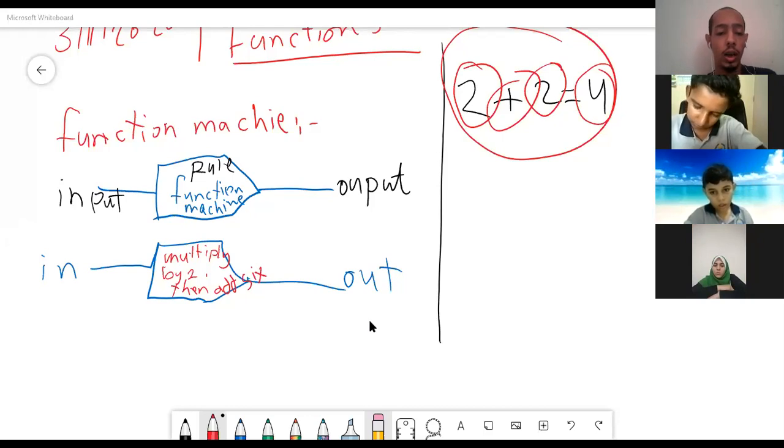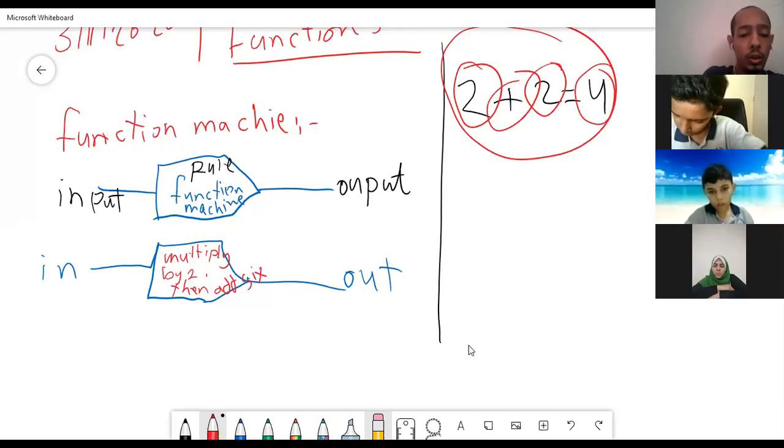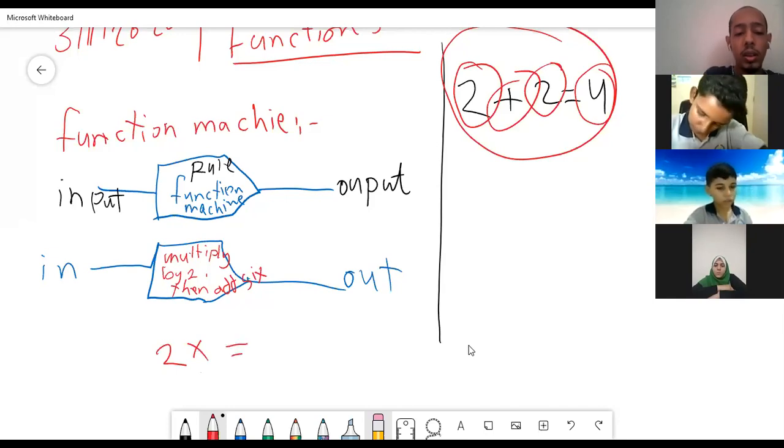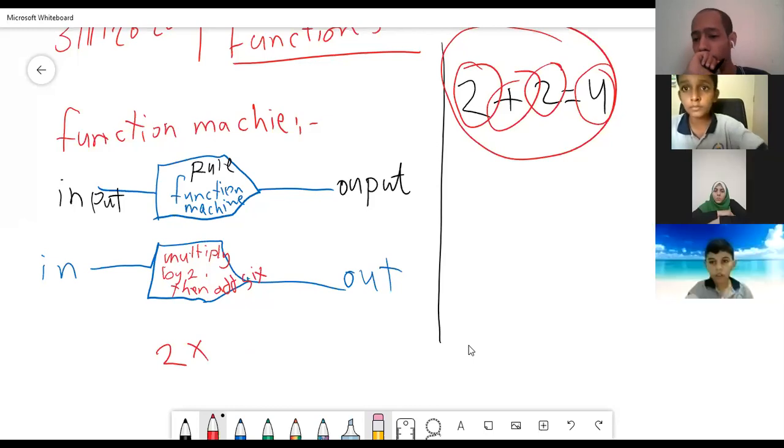So how can we mathematically represent that? The rule now is multiply by 2. What is the number you are going to multiply? The input, right?